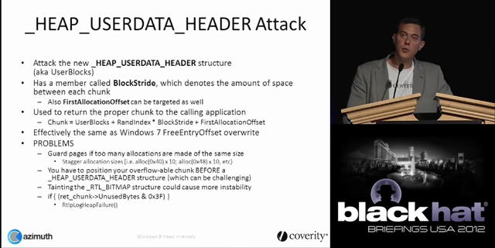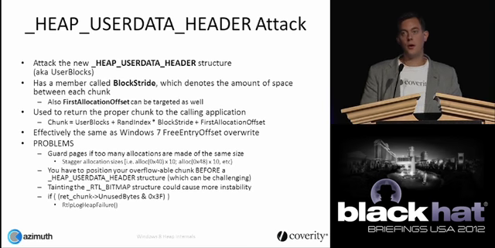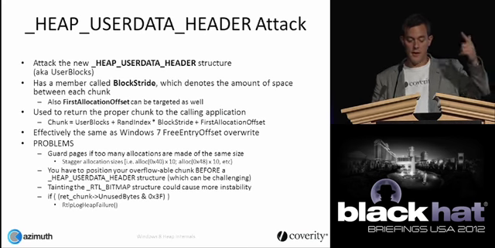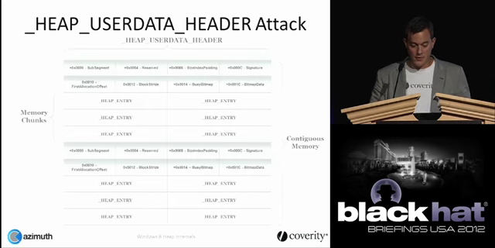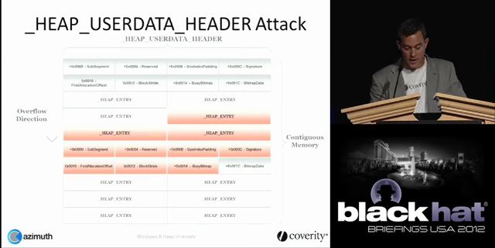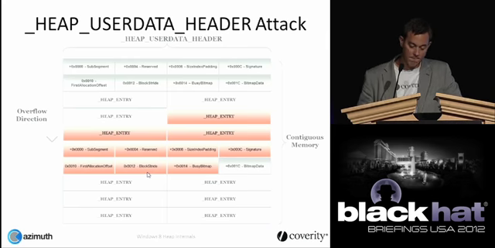Well, if you could align two user block structures adjacent in memory and have a chunk that overflows from one into the other, you could actually come up with a scenario that looks much like this. You have 2 blocks aligned, and you overflow from one chunk into another heap user data header structure, and you can overwrite the first allocation offset and the BlockSize.